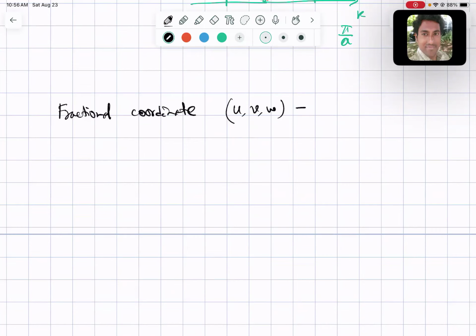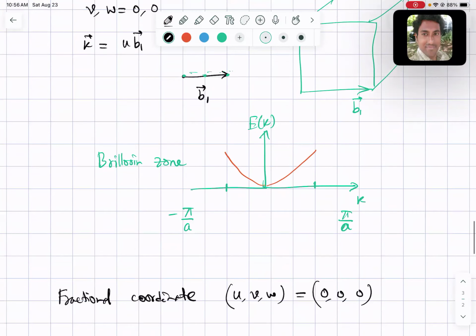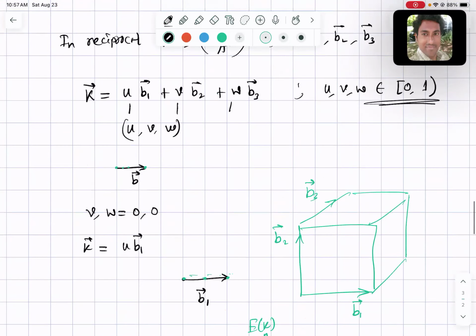If these are 0, that means we are at the center of the Brillouin zone. If they're 0, 0, 1, that means we are, so w is with b3, right?